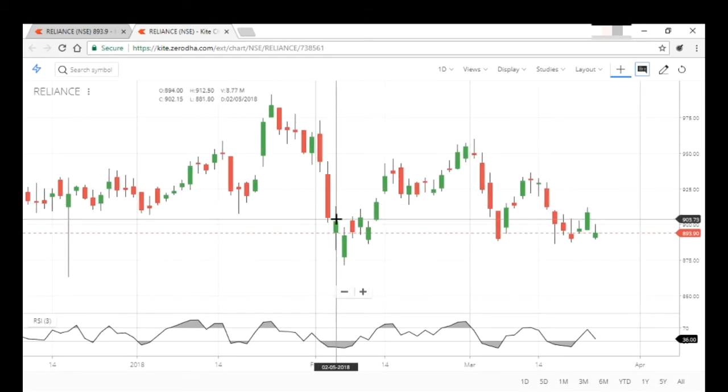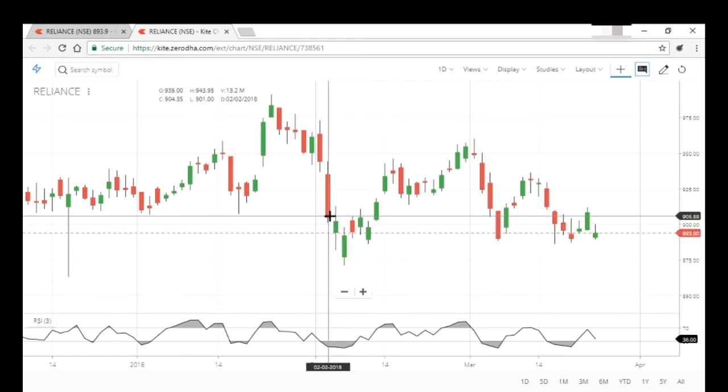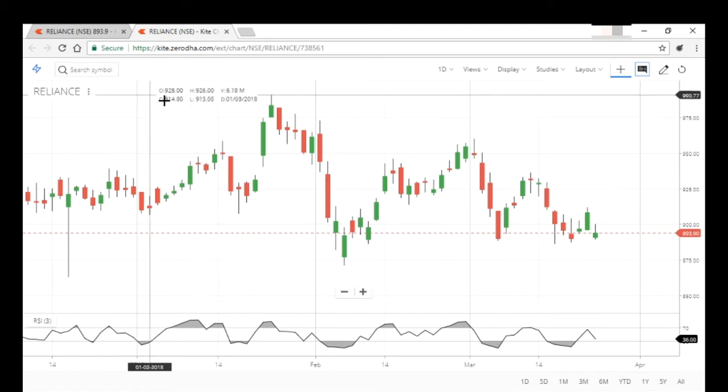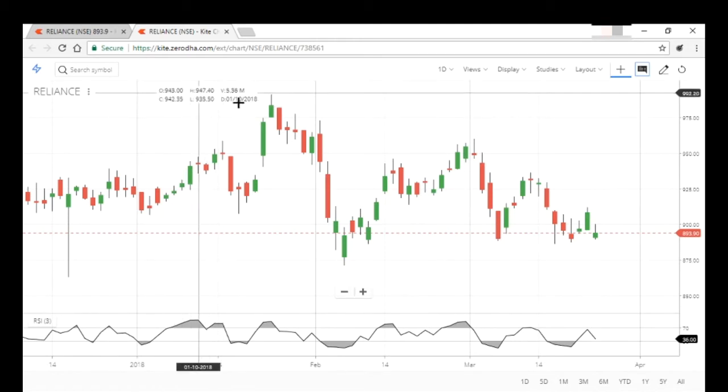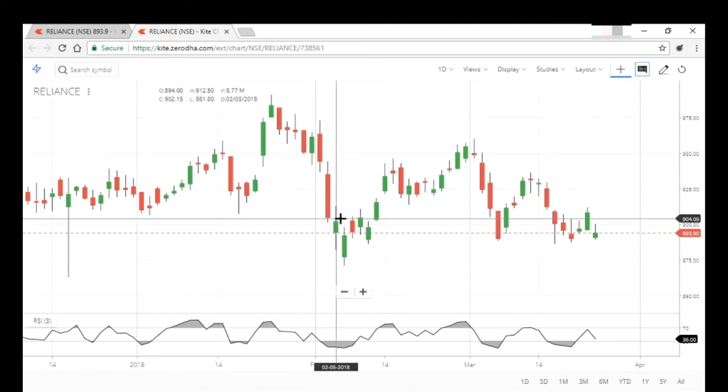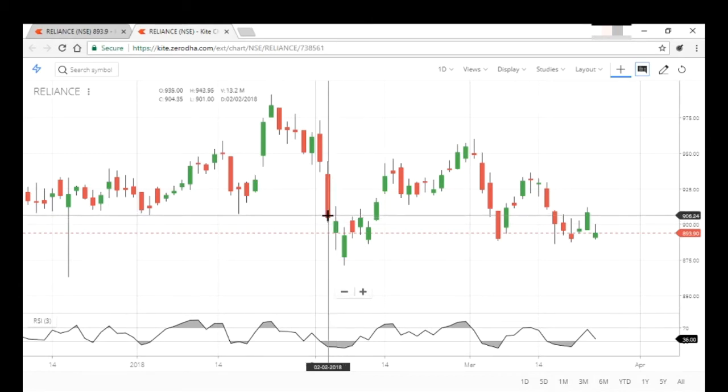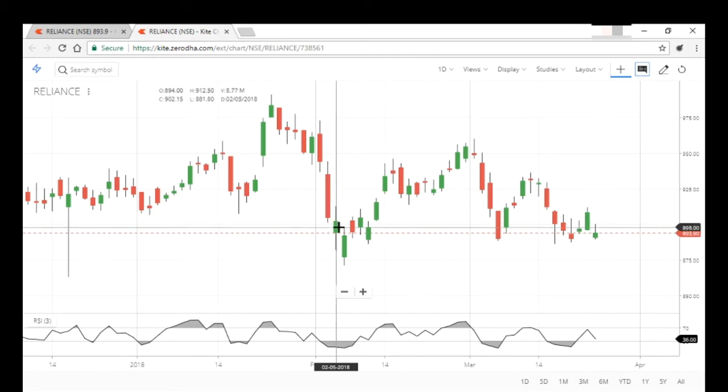So on this day, 5th of February 2018, what happened? Let's analyze. You can see the open high low data here. We are on the 5th of February, and the previous candle, you can see it closed at 904.35, and the next day on the 5th it opened at 894.